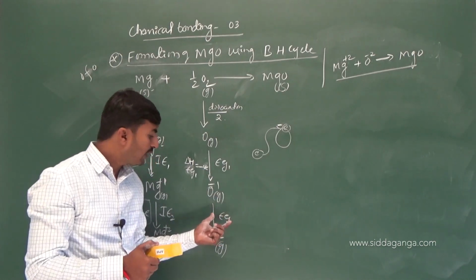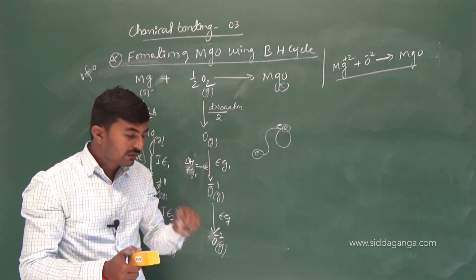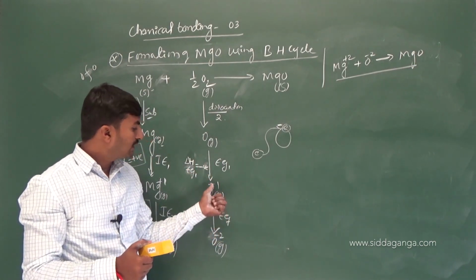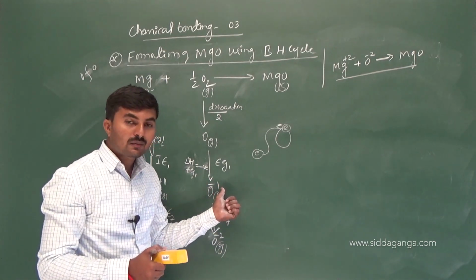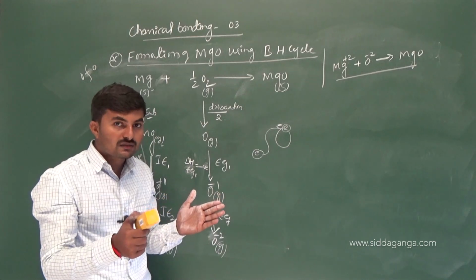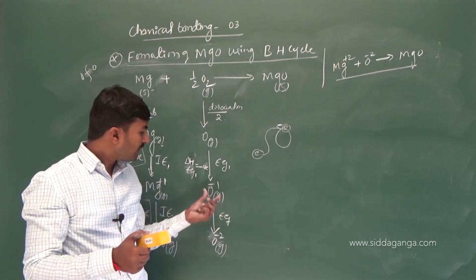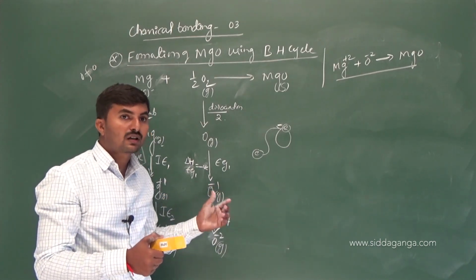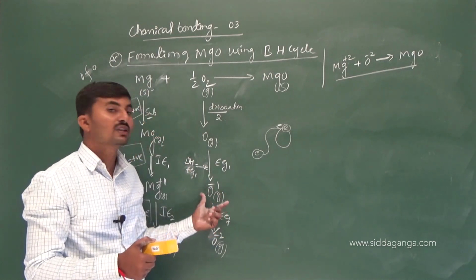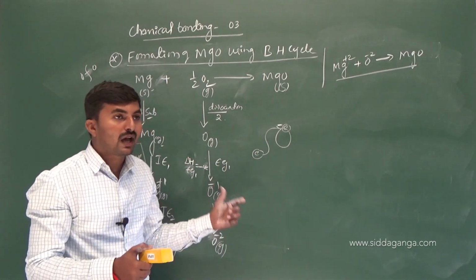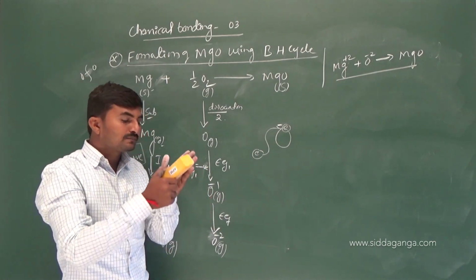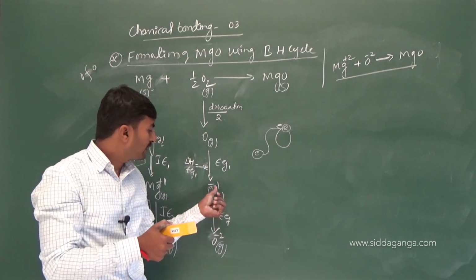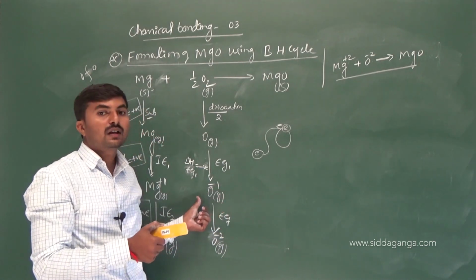Okay, because of repulsive interactions between the added electron and the negative charge. Between this negative charge and the electron we add, repulsive interactions take place. Okay, we have to apply energy to overcome this repulsive interaction. We have to apply the energy in order to remove the repulsive interactions between this O minus and the electron.